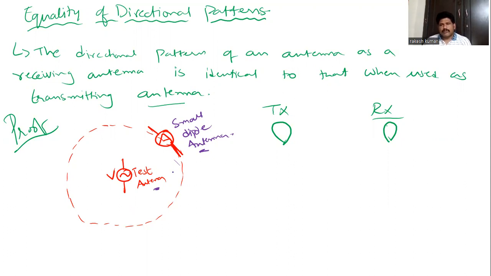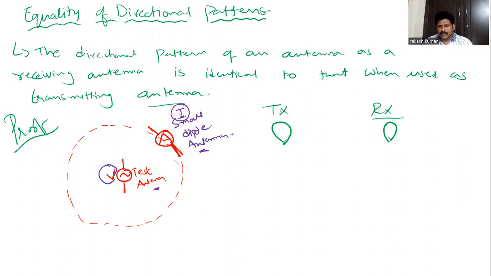Now a voltage V is connected to the test antenna placed at the center of the imaginary sphere, and the current I flowing in the small dipole antenna is measured using an ammeter at different positions.